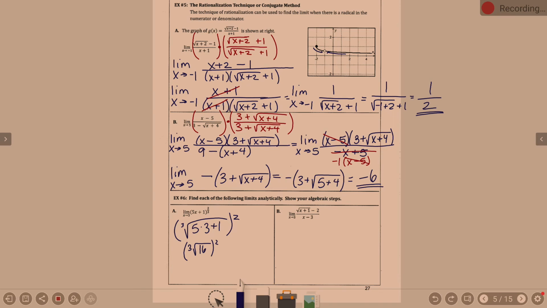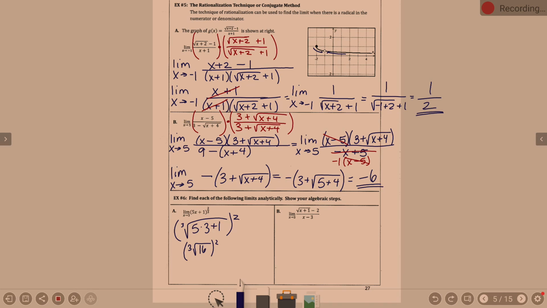So interesting enough, I have written in my notes that technically you could stop here. That is a numerical answer, isn't it? Okay, that is a numerical answer. Maybe not simplified, but it is a numerical answer. Now, if we wanted to go a little farther, any perfect cubes in 16 we could pull out? There's an 8, yes? The cube root of 8 is 2.